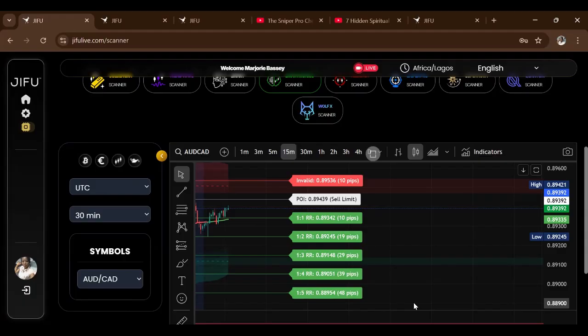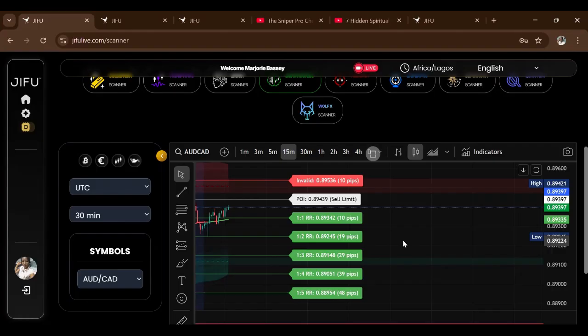Now, a sell limit simply means that your price is currently below. If we go to the chart, for a sell limit, this is where the price is. A sell limit means that you're targeting a higher price.